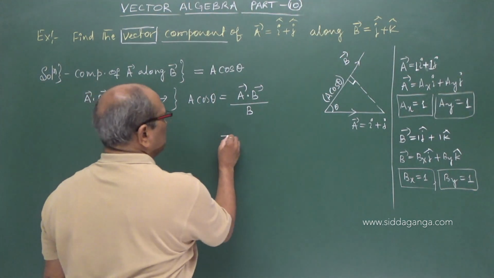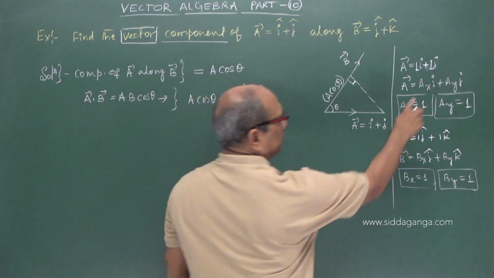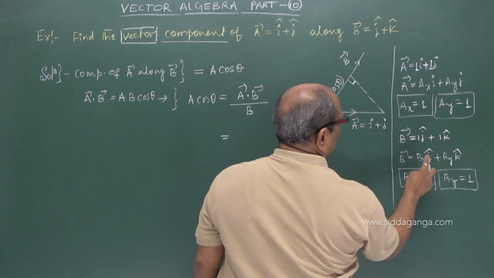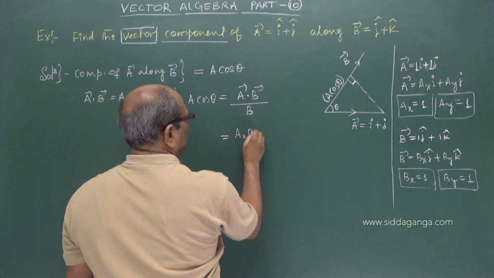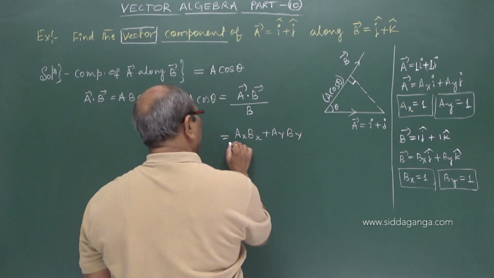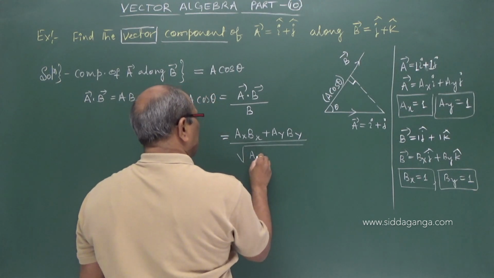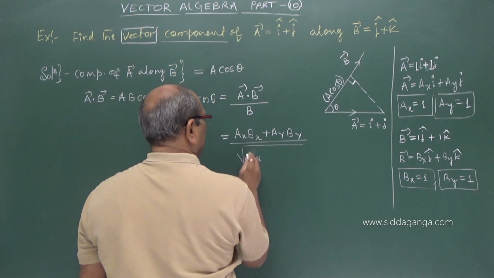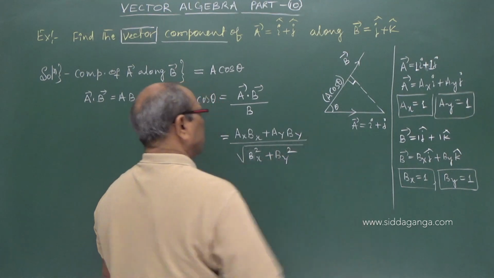How can A dot B be obtained? I told you A dot B is AX BX plus AY BY, divided by root of BX square plus BY square.